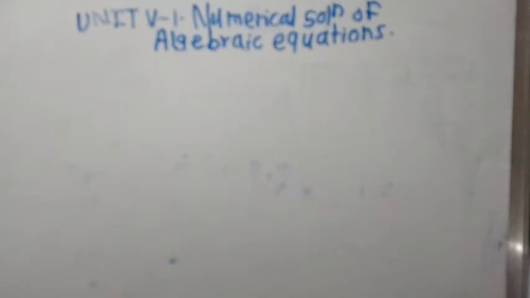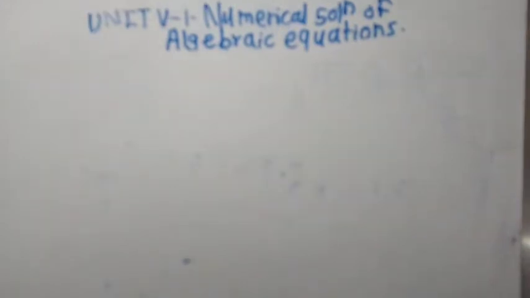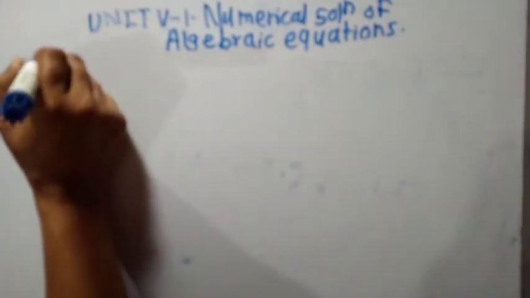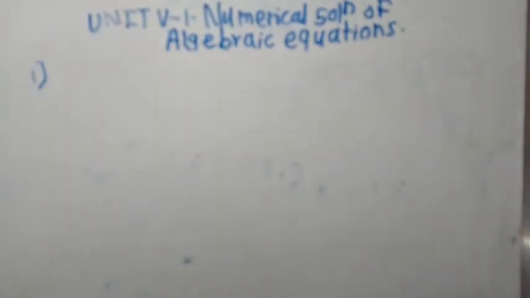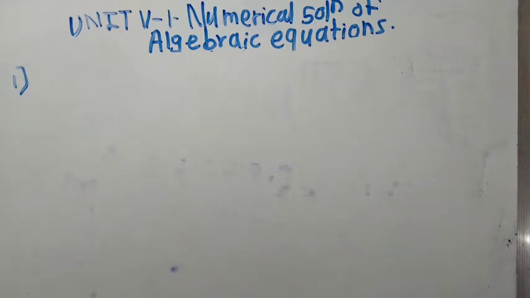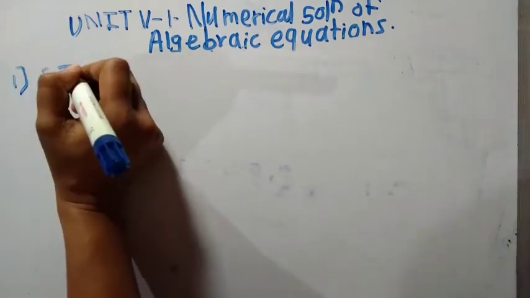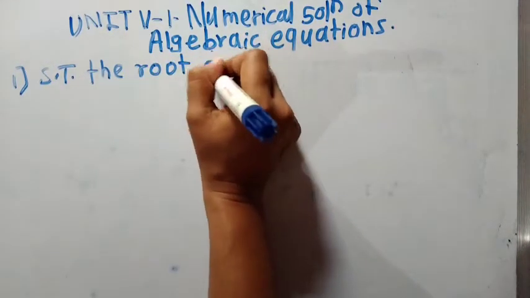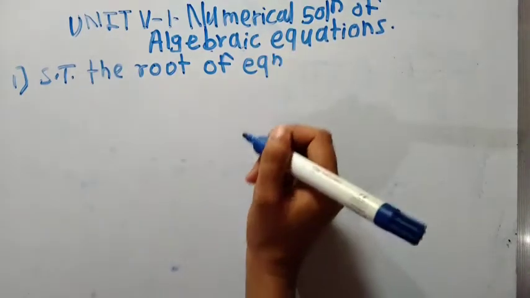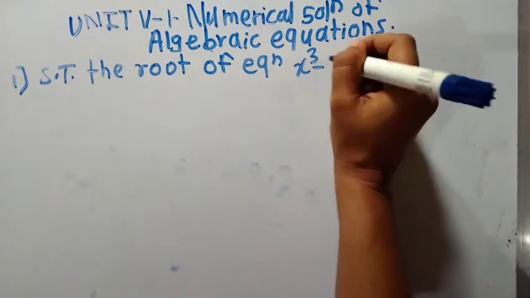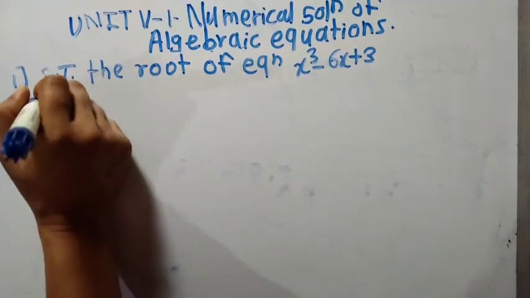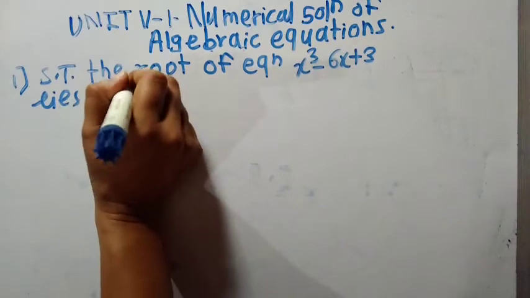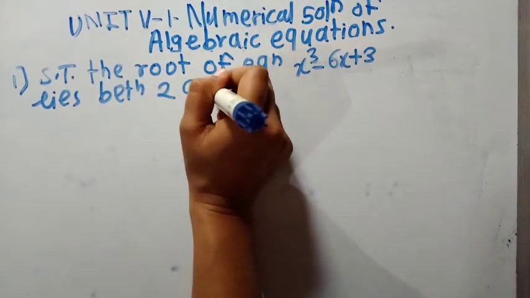These steps have to be used. Then first example, show that the root of equation x cube minus 6x plus 3 lies between 2 and 3.